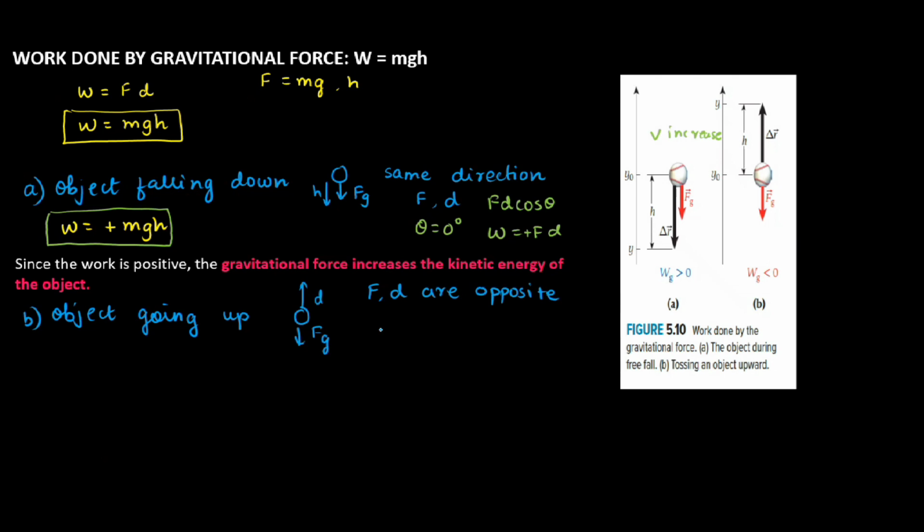And if F and D are opposite to each other, the angle theta between them will be 180. And when you substitute this in your rule for work, W equals F d cosine theta, cosine 180 will give you negative 1, and that will give me my work as negative F into D. So if an object is going up, work done by gravity on that object will be negative mgh.